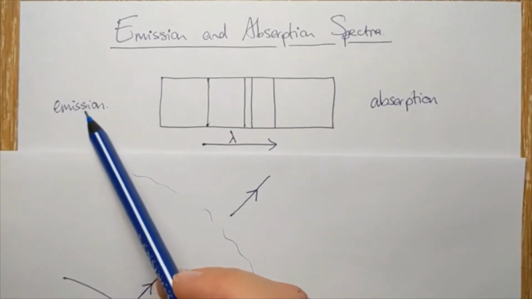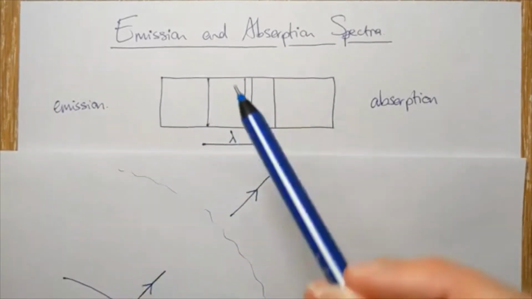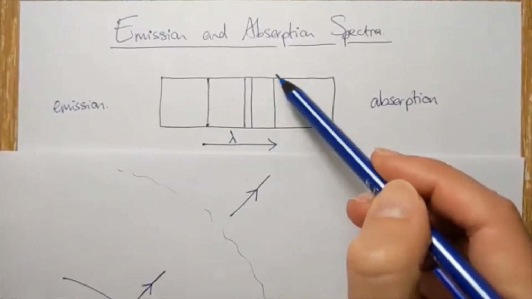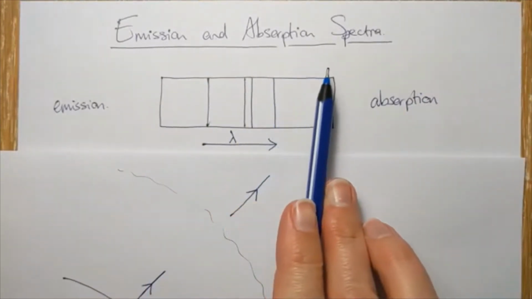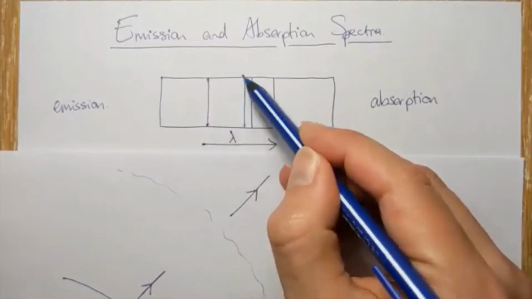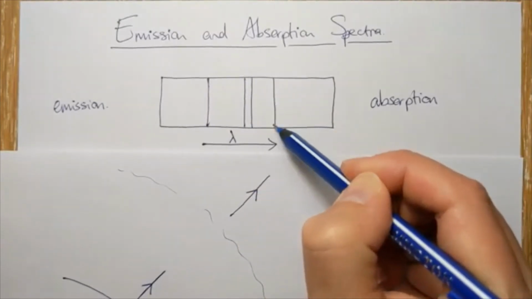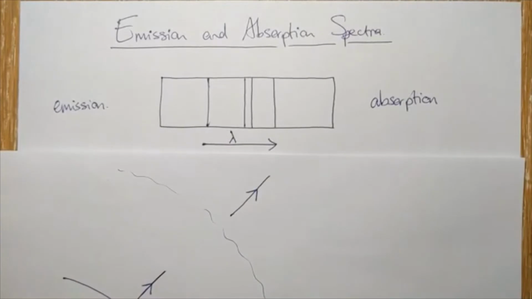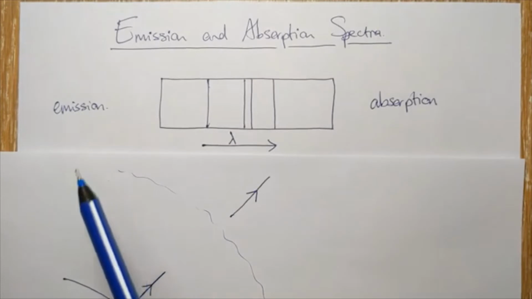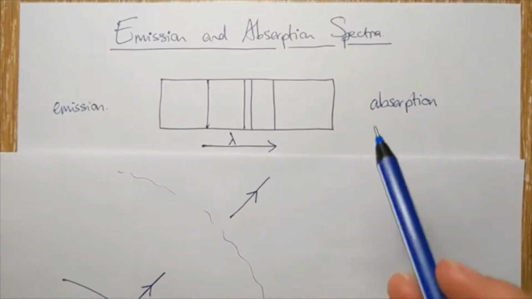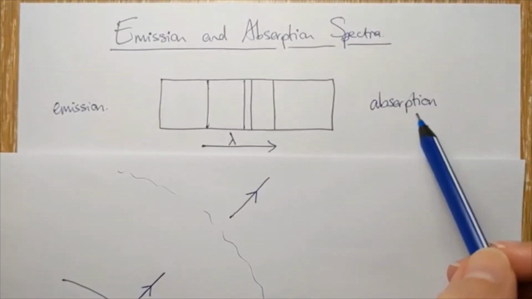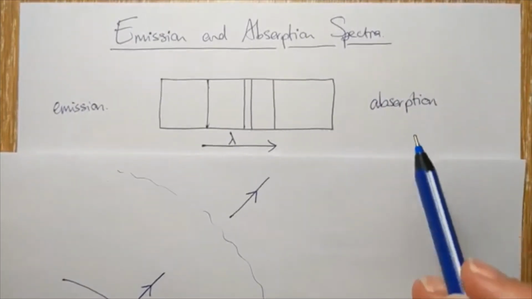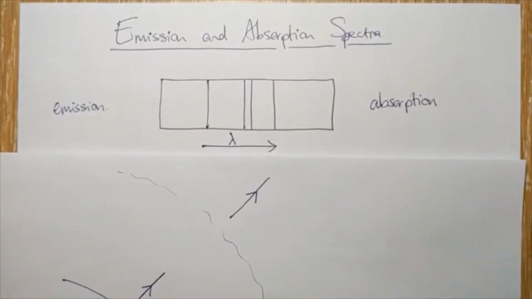So where an emission spectrum is black with just those wavelengths on it, the absorption spectrum is a continuous spectrum of light with black lines where those same wavelengths are missing. By matching the emission spectra of elements from the lab with the lines on the absorption spectra of stars, scientists were able to work out what the stars are made of.